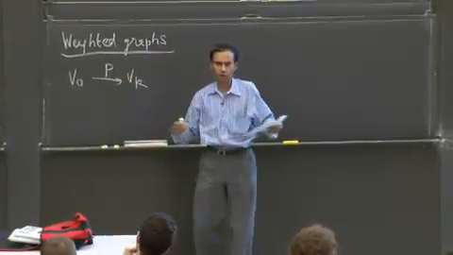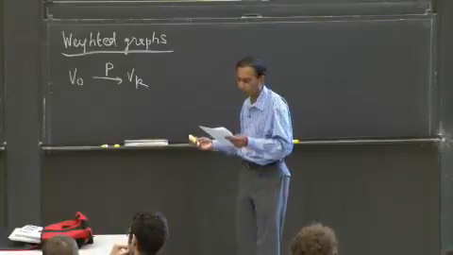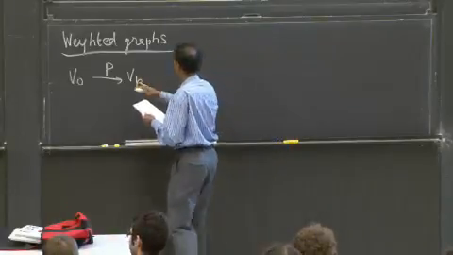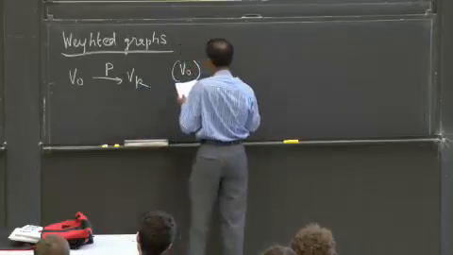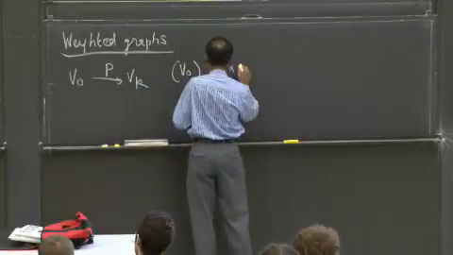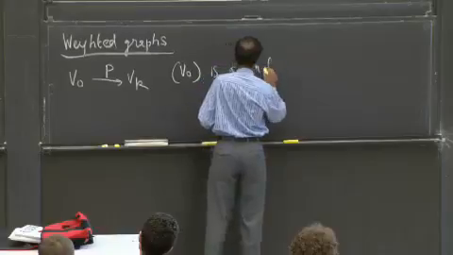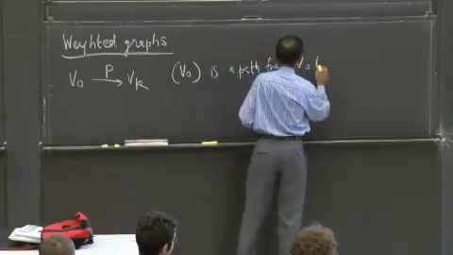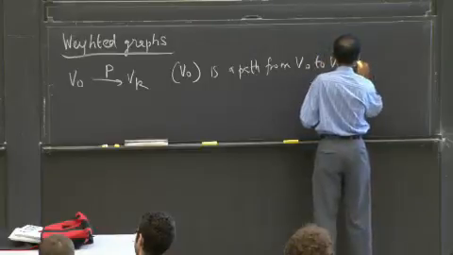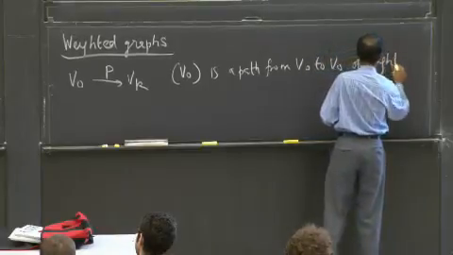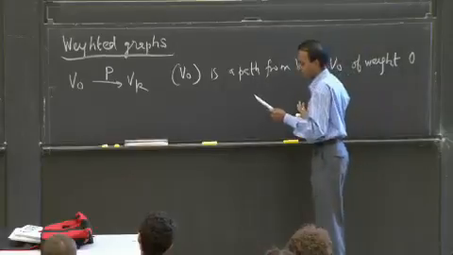Sometimes I'm searching for the path P with a minimum weight, and that's how I'm going to represent that. V0, which is a single vertex path, is the path from V0 to V0. So it's really a zero length path, and it has weight 0. Right? So that's one condition.